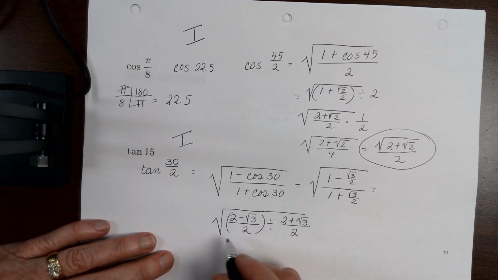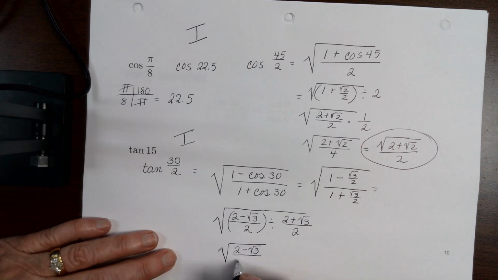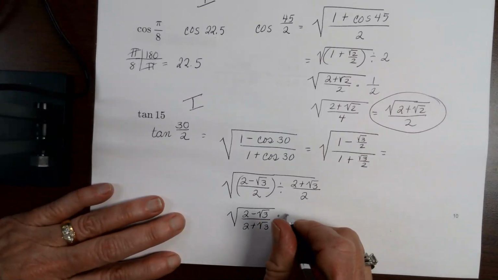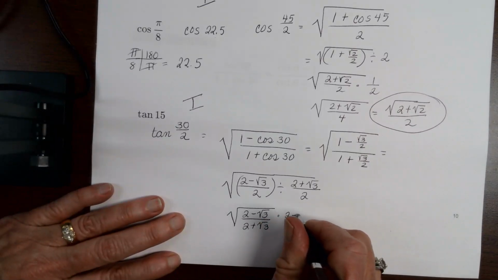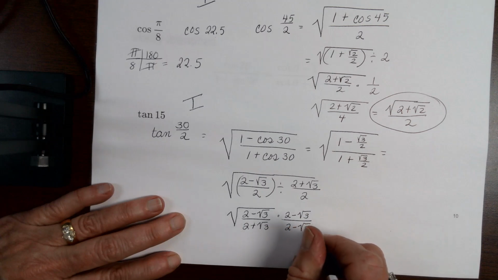So I'm going to keep change flip. So I have the square root of (2 minus the square root of 3) over (2 plus the square root of 3). This whole thing is underneath the square root, so I'm going to multiply the top and the bottom by 2 minus the square root of 3.